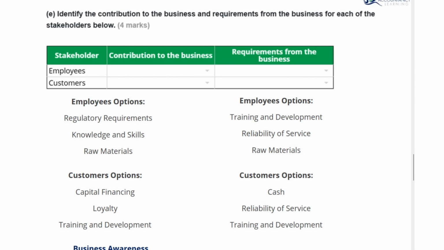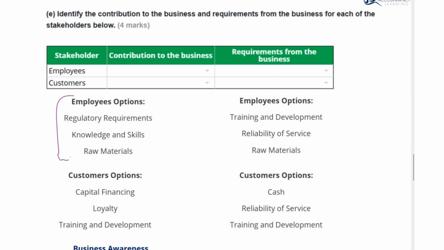Part E. We need to identify the contribution to the business and requirements from the business for each of the stakeholders below. So our first stakeholder is employees, and the options in the drop-down box are here. So employees, their contribution to the business.